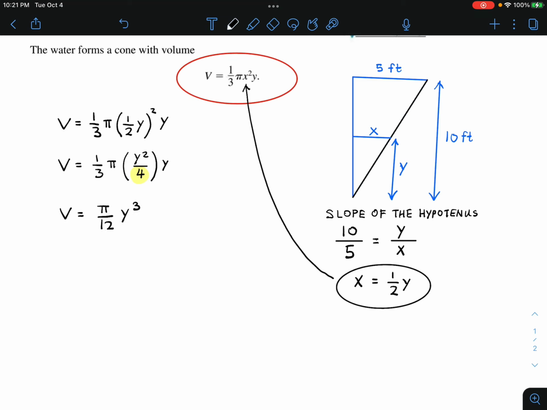So after a little bit of simplification, we will be able to differentiate the volume with respect to y, and find out this crucial information before we can finalize the answer for this problem.